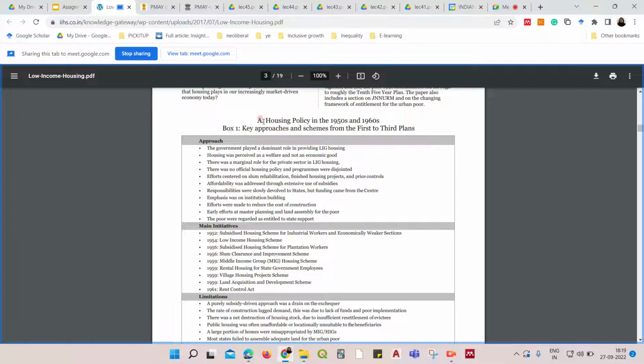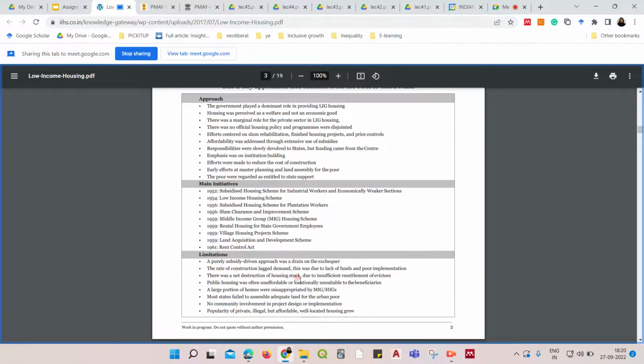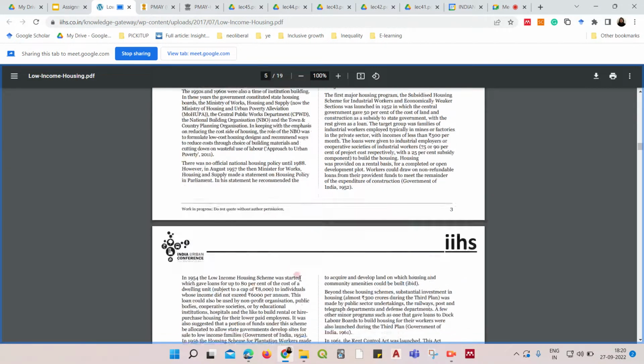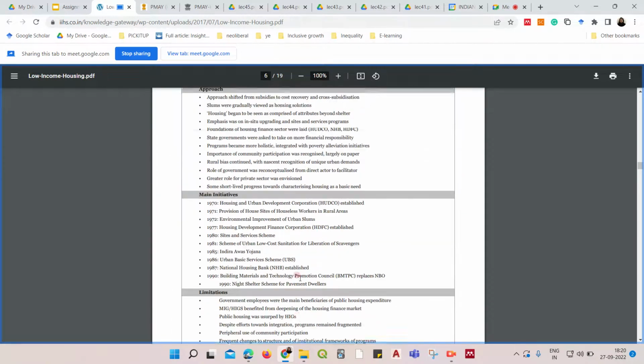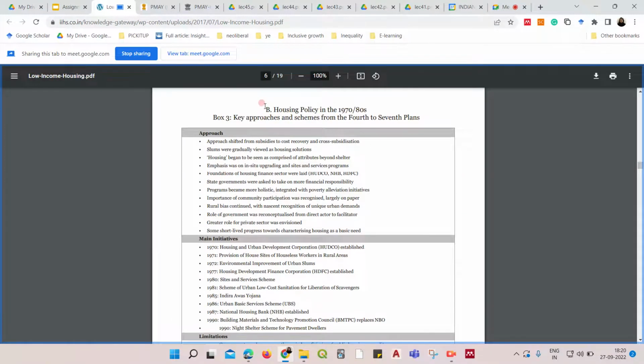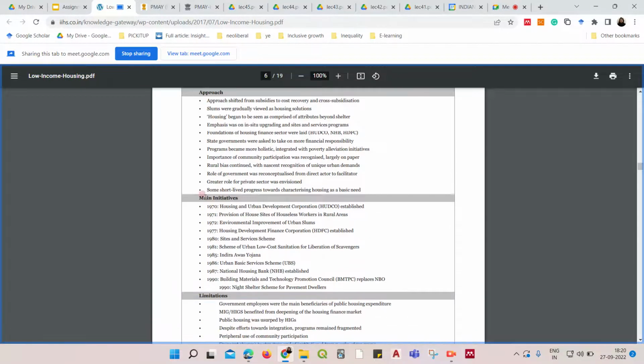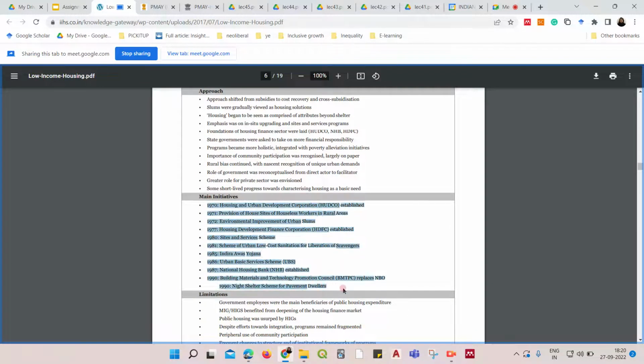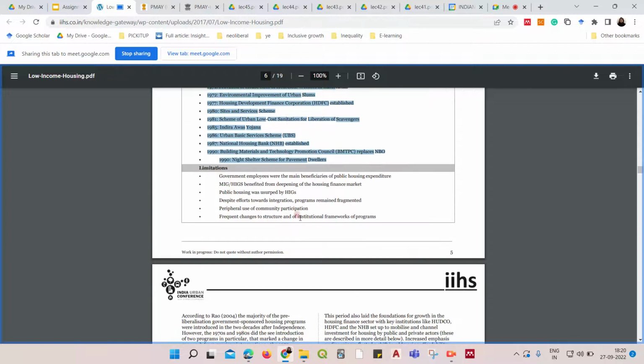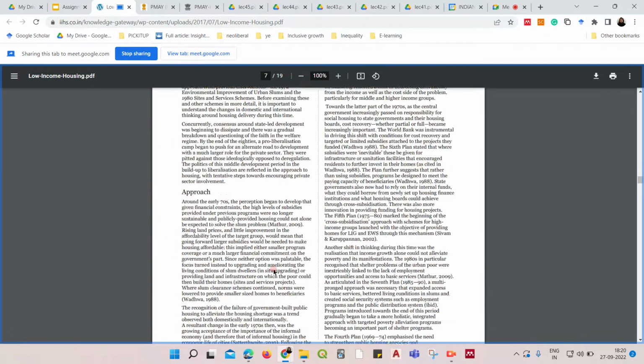You can see there are housing policy initiatives from the 50s and 60s, and what different initiatives were introduced then. Then there are housing policy initiatives from the 70s and 80s, with the approach which was followed and the limitations.